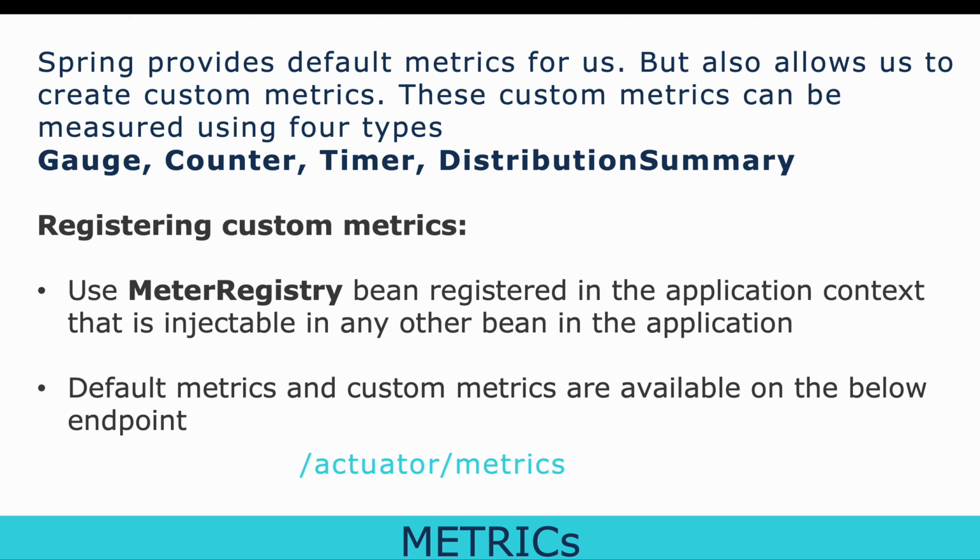This MeterRegistry is a bean that is registered for us in the application context. When you add Spring Boot Actuator as a dependency in your project, it will auto-configure a MeterRegistry bean for you. And this bean is injectable anywhere in your application.